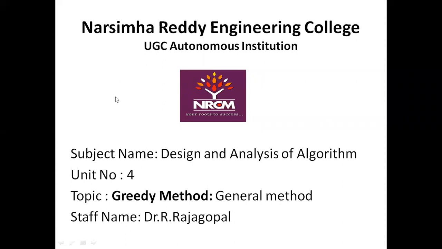Then the next method is the greedy algorithm. This is one of the strategies, like divide and conquer, to solve problems. But this method is used for solving optimization problems. Okay, so the term optimization, what is it?